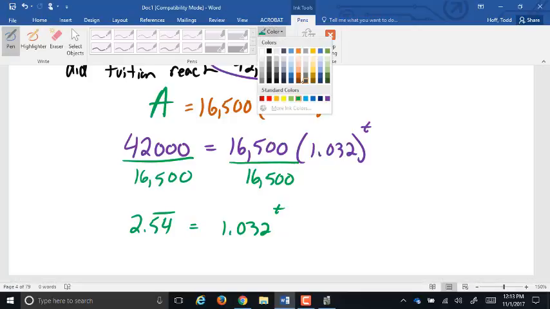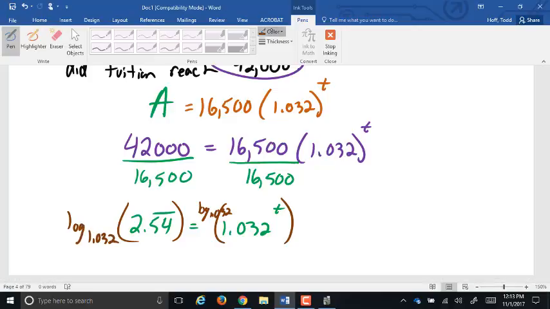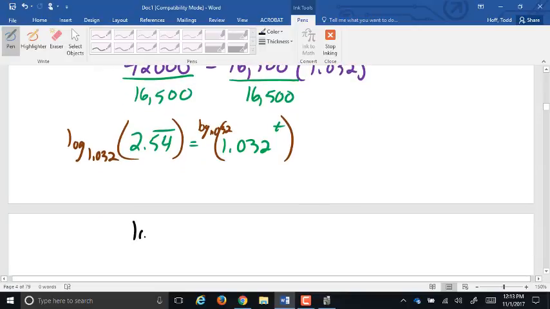So now, of course, I'm going to finish this off by doing what? Perfect. I have to do a log base 1.032, and because my calculator doesn't have a log base, I have to do the log of 2.54 repeating over the log of 1.032.